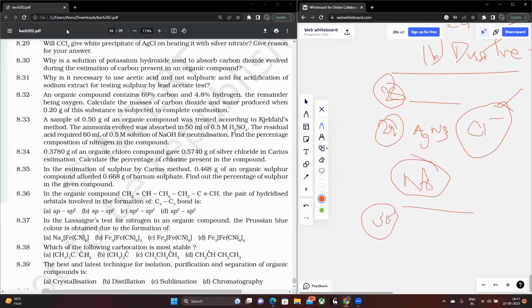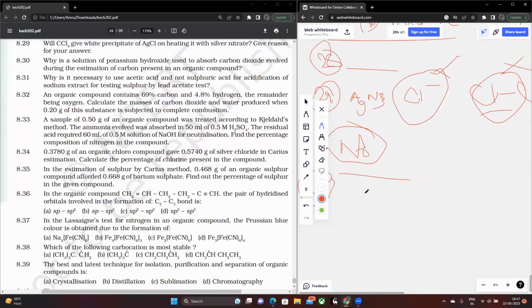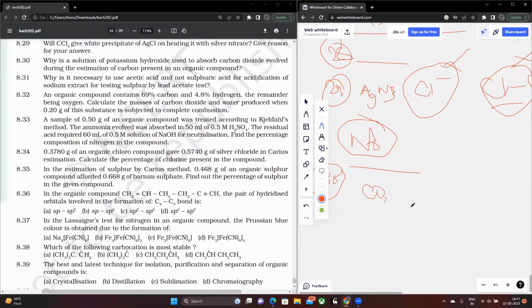Question number 30. A solution of potassium hydroxide is used to absorb carbon dioxide evolved during the estimation of carbon present in an organic compound. This is because carbon dioxide is acidic, right? It reacts with KOH to form K2CO3, which does not react anymore, which is inert.